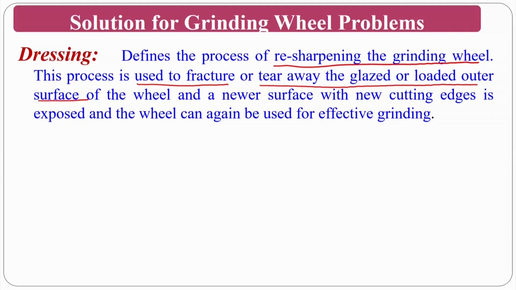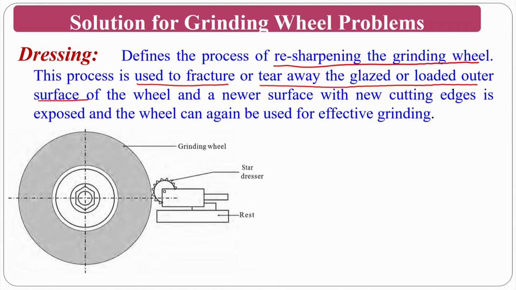So you have to find a suitable solution. What you will do is put a star dresser. There is one type of dresser, and you just run the grinding wheel, and the outer surface of the grinding wheel will be removed by the star dresser.